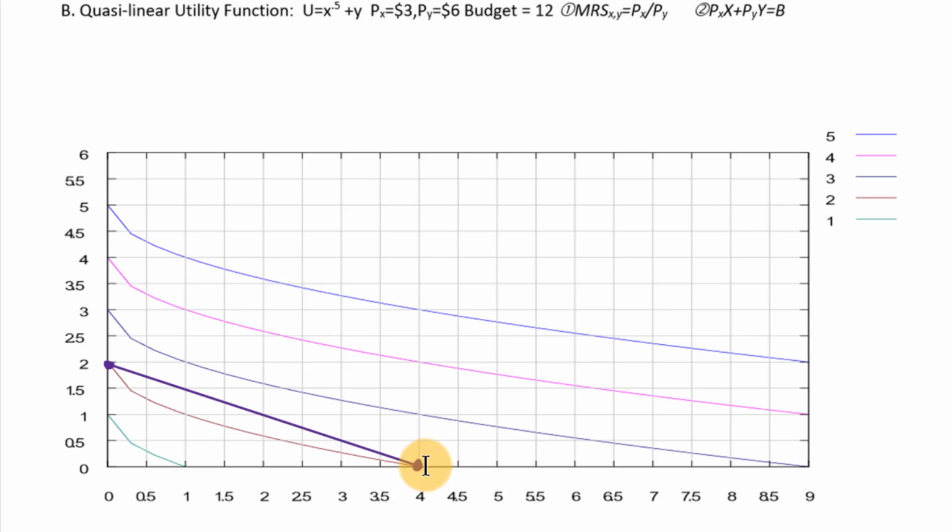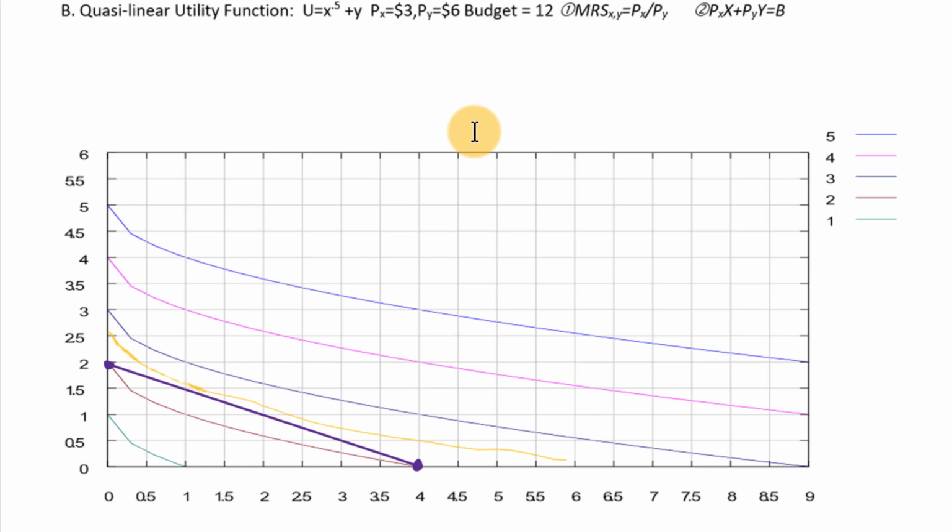And if we connect those 2 points together, we get something like that. So looking at this graph, it looks like we could get 2 utils here, either by spending all of our money on X, or by spending all of our money on Y. Interesting. But given the shape of these indifference curves, there's probably another indifference curve that has a similar kind of shape.